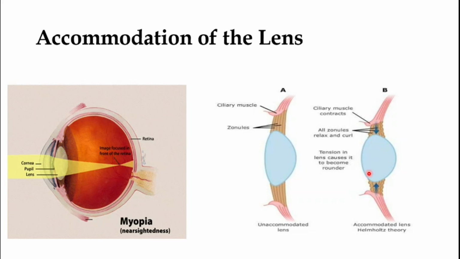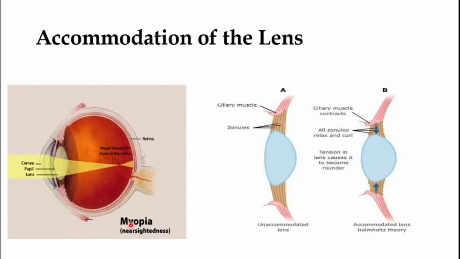So the convex lens in the case of the near vision is known as the accommodated lens, and the flat lens in the case of the far vision is known as the unaccommodated lens. So the job of the lens is to allow the light to fall on the retina so we can see the things clearly, both in the case of the near and the far vision. And if the lens does not accommodate its shape, the light will not fall on the retina and we cannot see the things clearly. We see the things blurry.